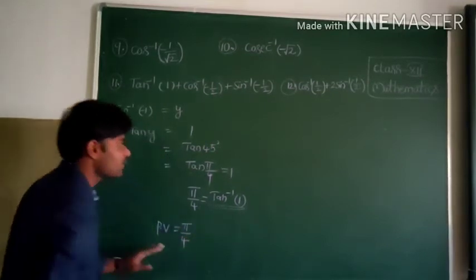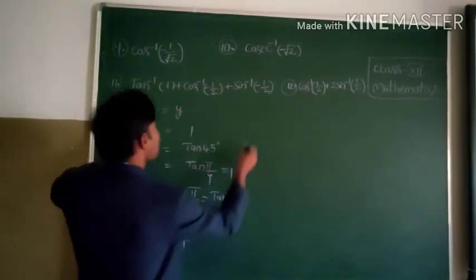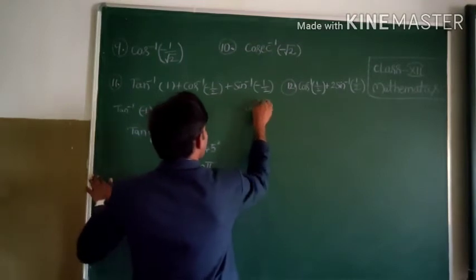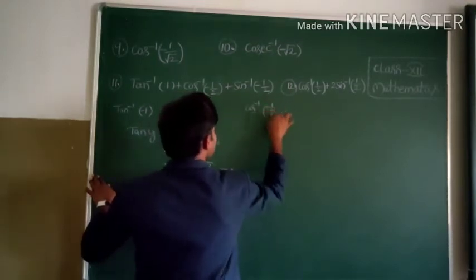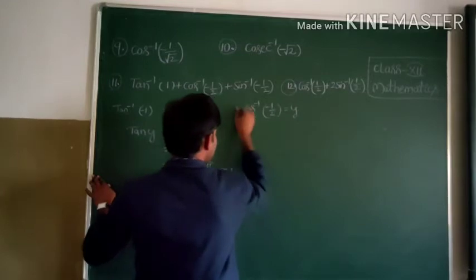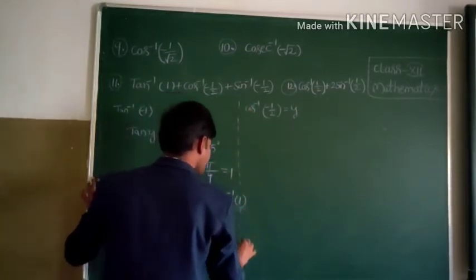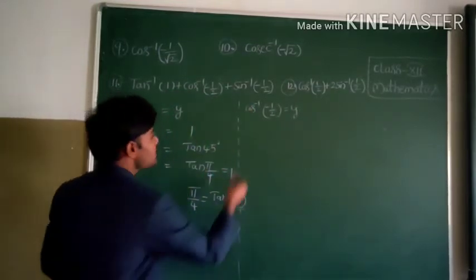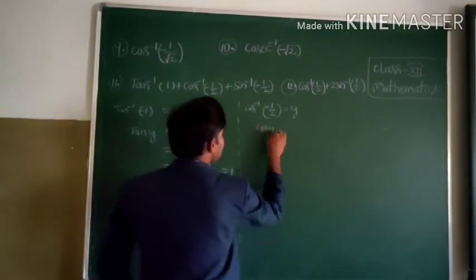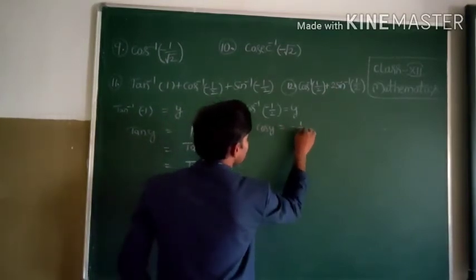Just keep this one, and again you have to find the principal value of cos inverse of minus 1 by 2. Again I assume this as y. So cos y is equal to minus 1 by 2.